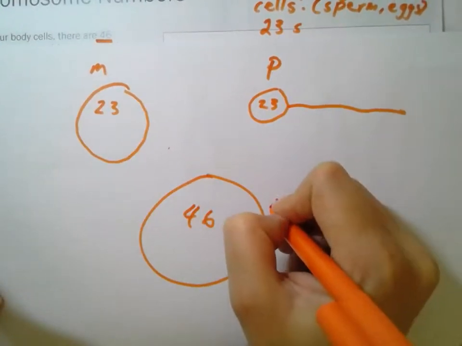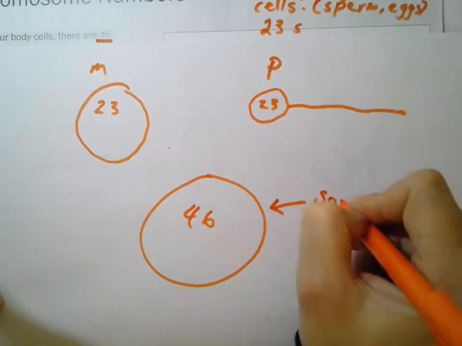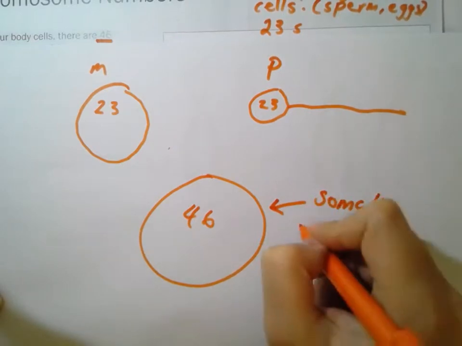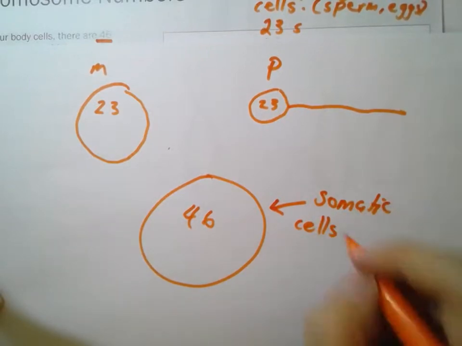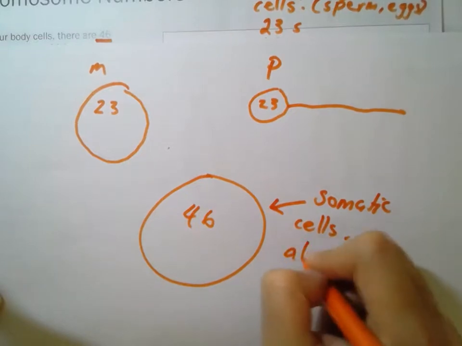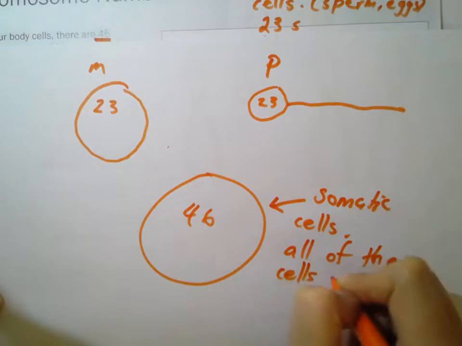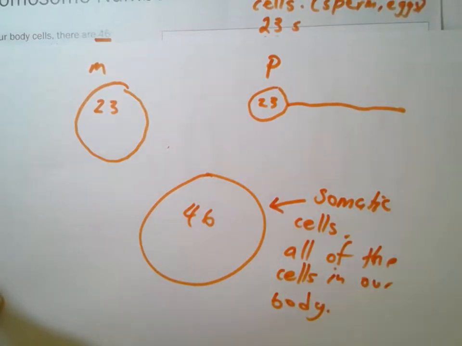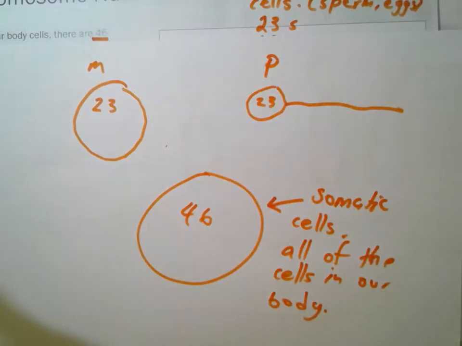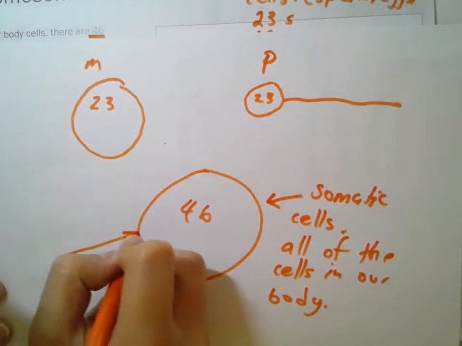And the 46 chromosomes that we have in our bodies are now called somatic cells. Somatic cells, and these are all of the cells in our body. So all the chromosomes from your mum and dad come together, then they turn into all the different types of somatic cells, and they all originate from this cell called a zygote.